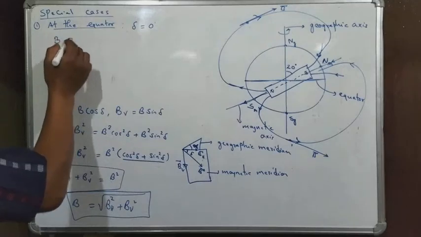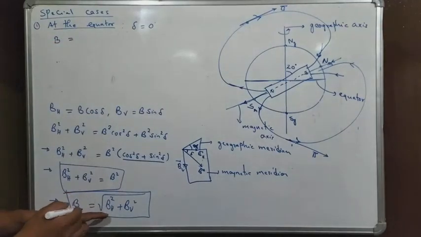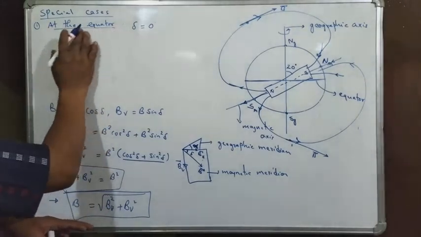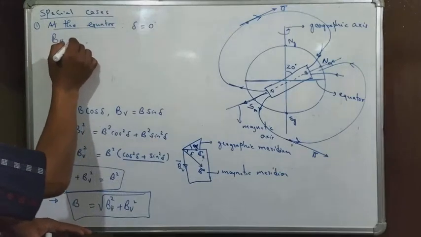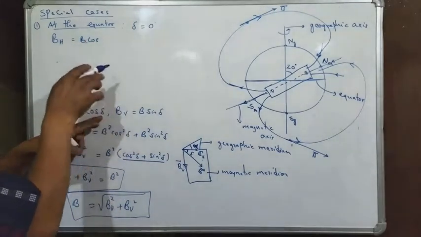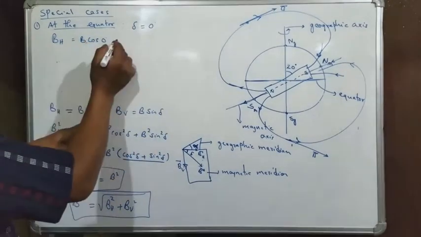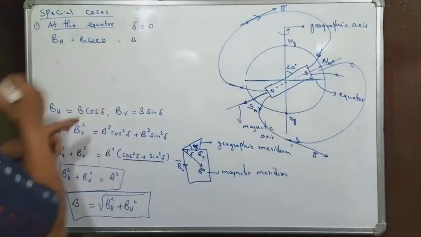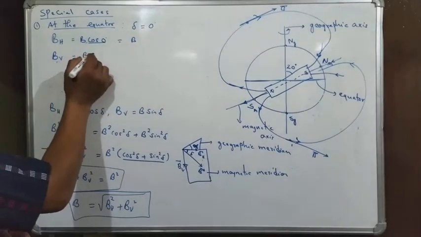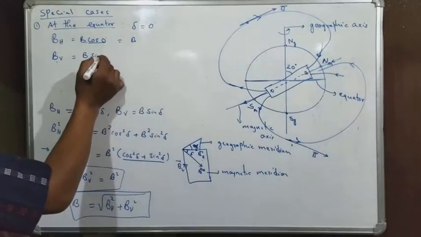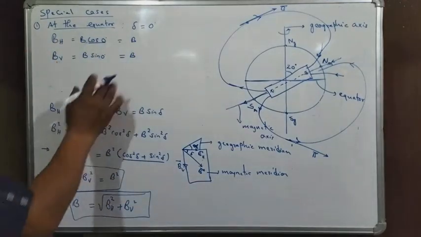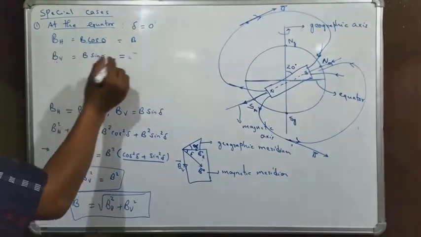Let us find out BH. How much is the horizontal component? It is B cos delta. But at the equator, delta is 0 degree. So cos 0 is 1, and 1 times B will be B. Similarly, at the equator, BV will be B sine delta, but delta is 0 degree, so sine 0 is 0, and 0 times B will be 0.